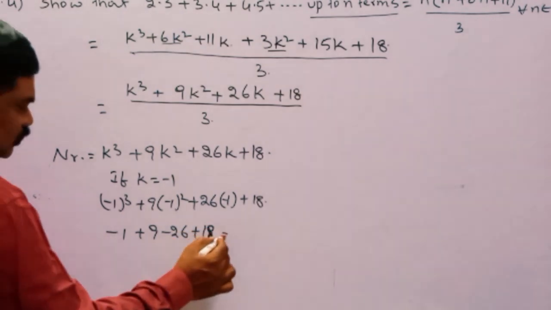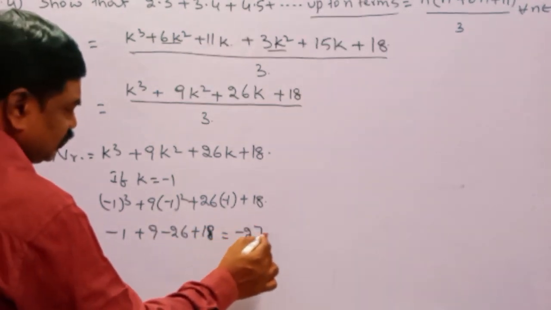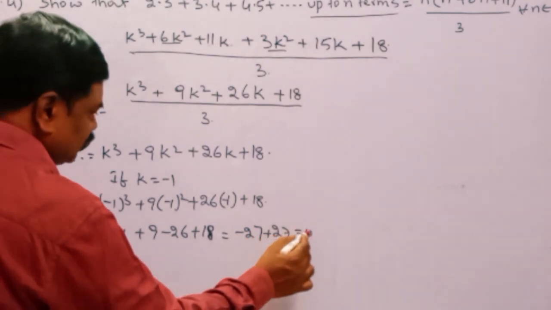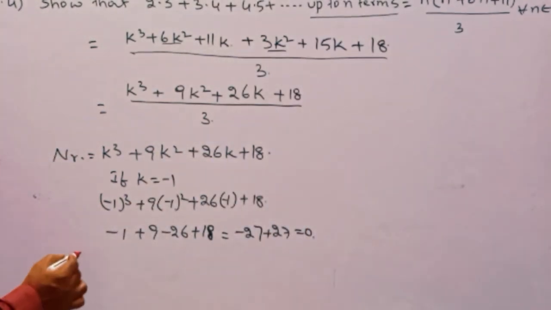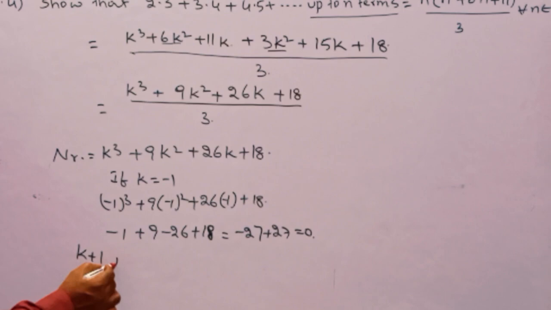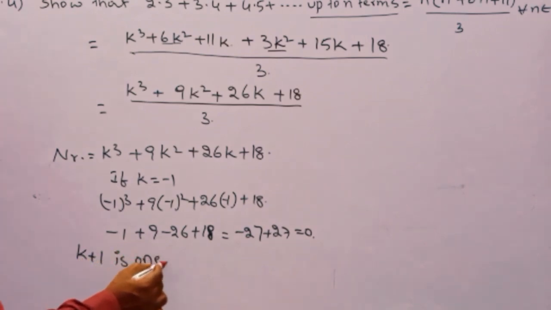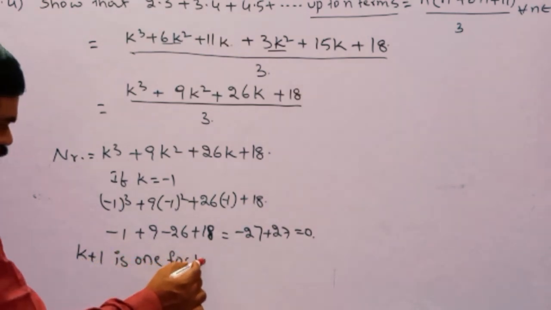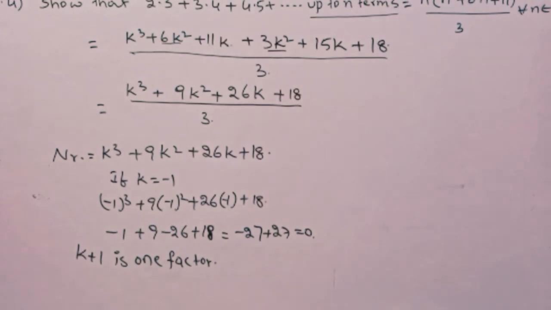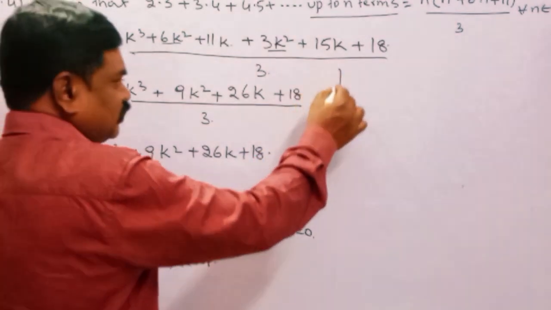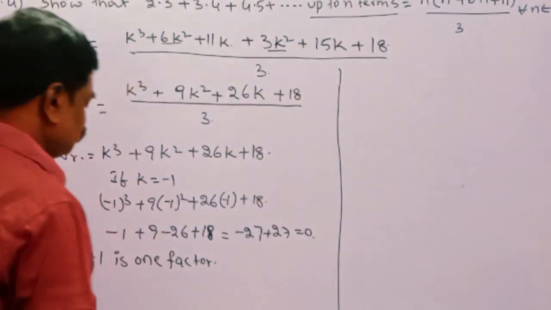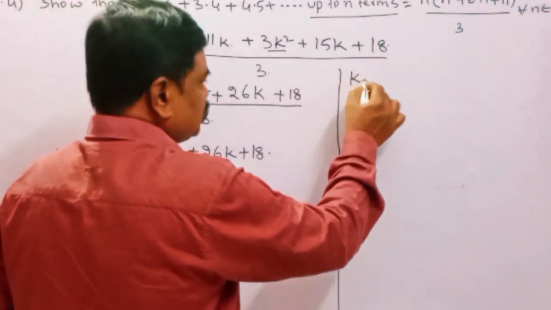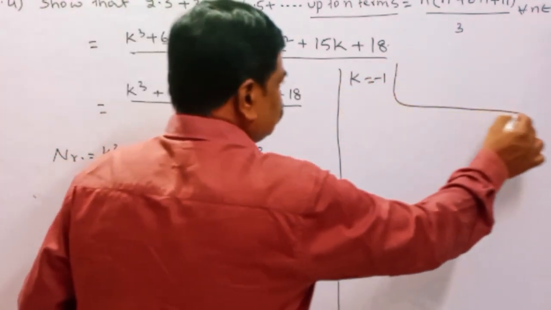Okay, all of you. This is minus 27 plus 27 equals 0. So k plus 1 is one factor. Then k is equal to minus 1.